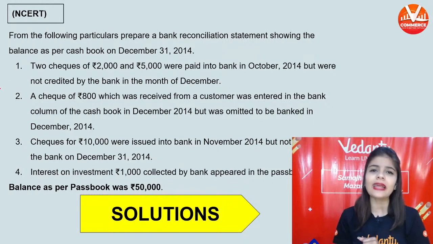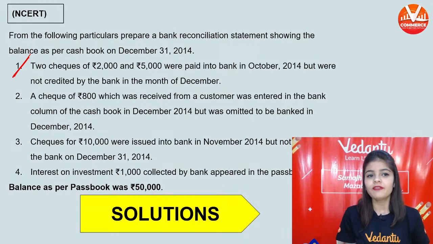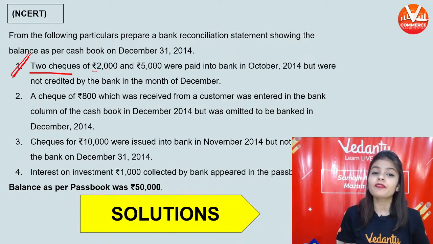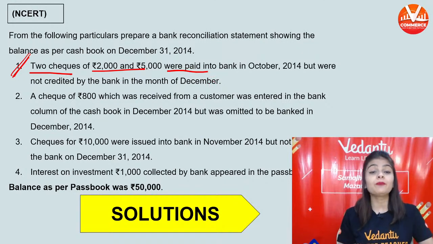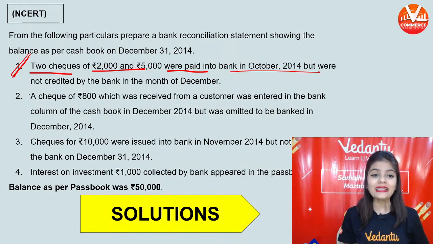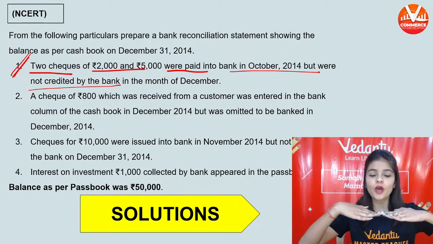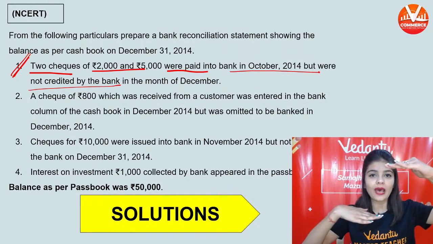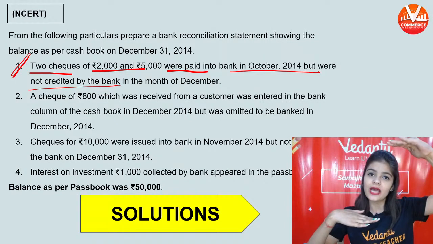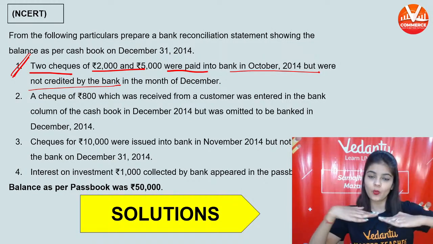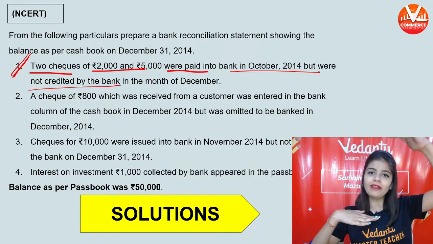So you guys will tell me the answers now. First, 2 checks of 2,000 and 5,000 were paid into bank, were deposited into bank, but were not credited by bank. हमने 2 चेक डिपॉजिट करे, one of 2,000, one of 5,000.